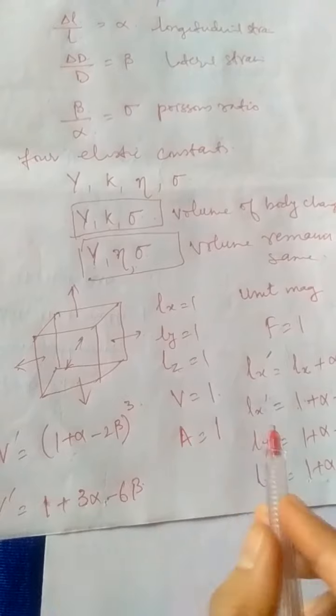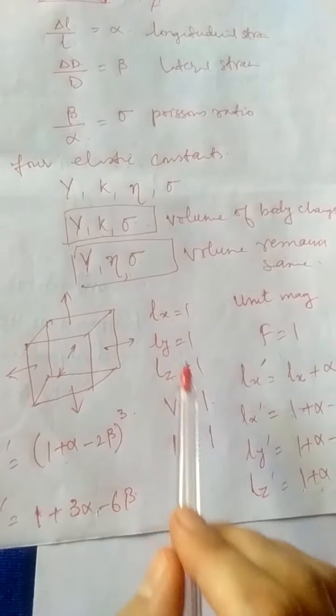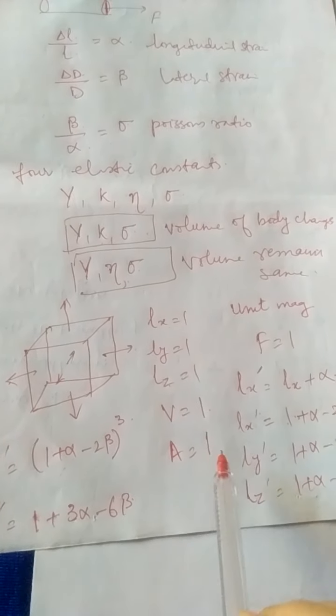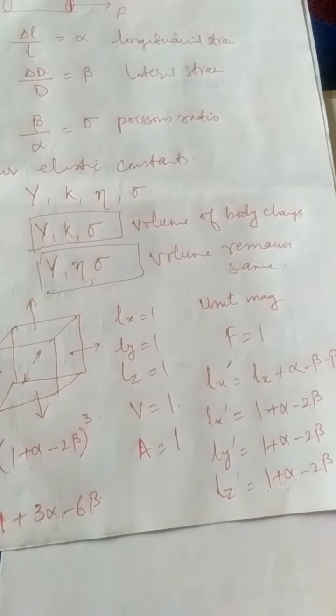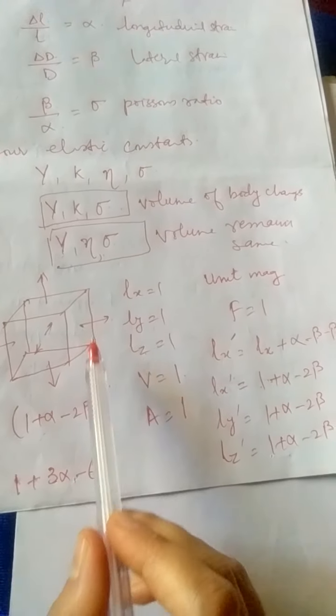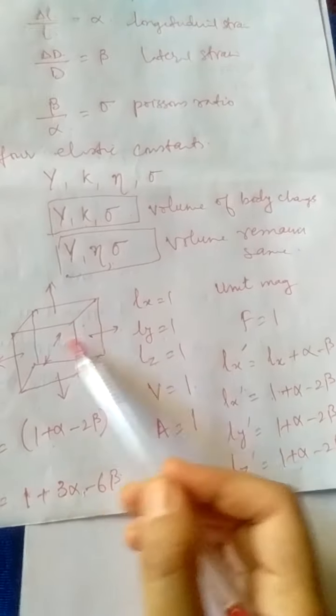We tried to make it quite easy by choosing every parameter of a unit dimension. Length, breadth and height were all 1, volume was 1, area was also 1, a force of 1 Newton was chosen, and then we defined that the new length after the application of force would be like this, because it will suffer elongation along one direction but compression along the other two directions.